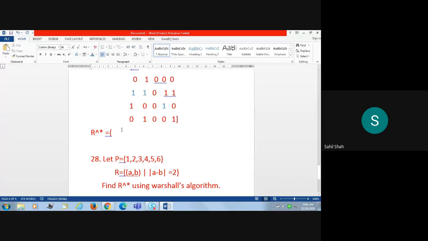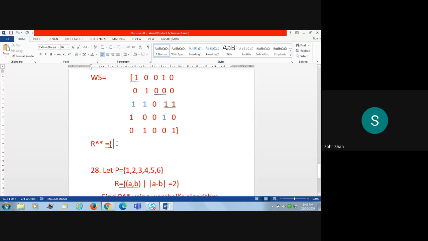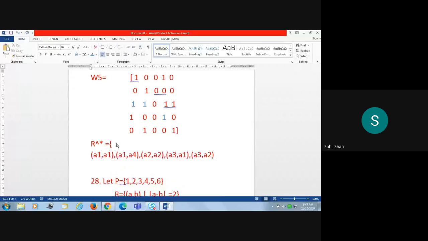So can you tell me what are the pairs that will be present in the transitive closure of R quickly? So what is the first pair? A1, A1. Next pair, A1, A4. Next pair, A2, A2. A3, A1. A3, A2. Okay. What next?